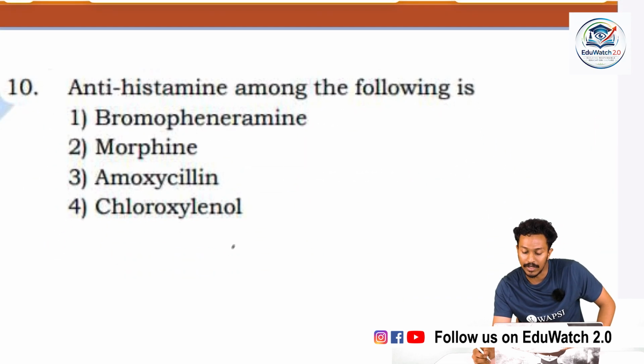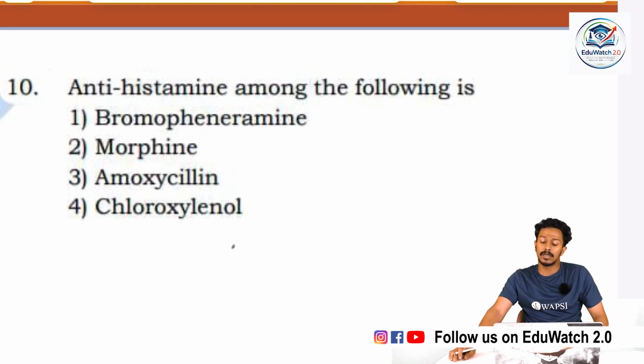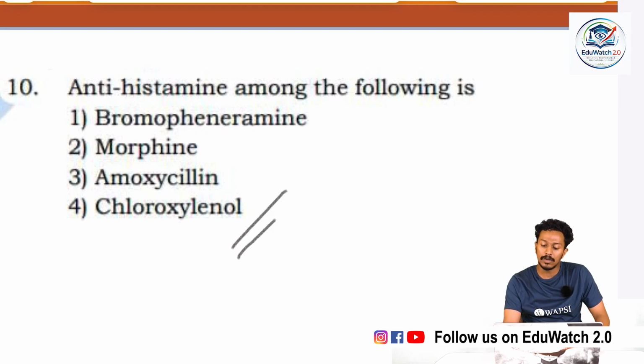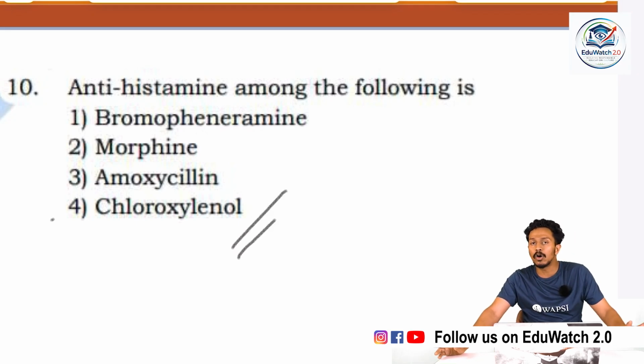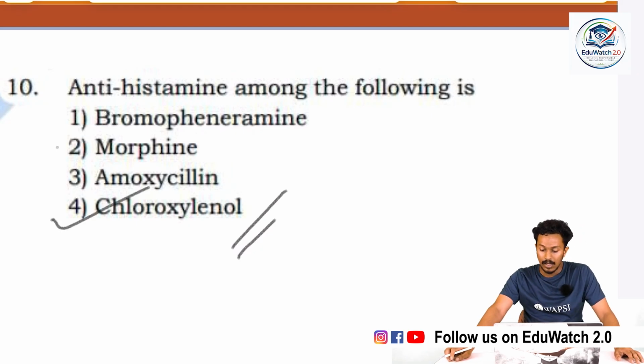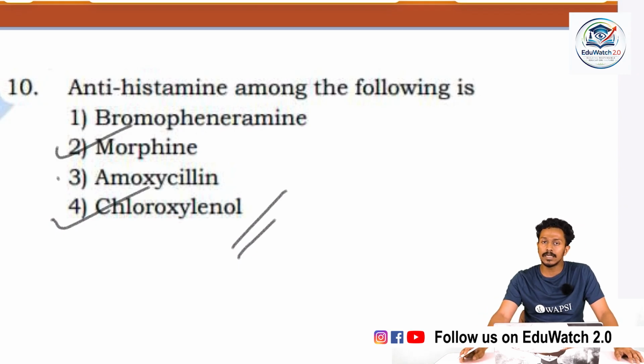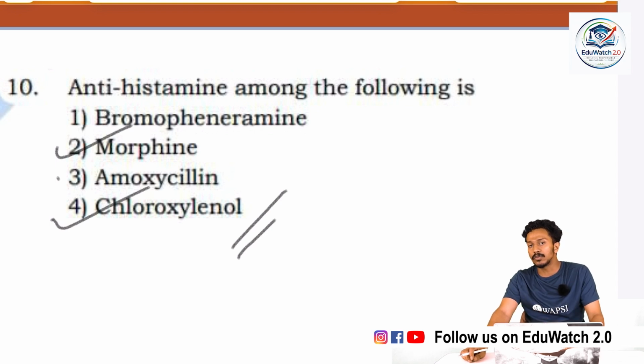Antihistamine among the following is bromopheniramine, morphine, amoxicillin, chloroxylenol. What do you think is the most antihistaminic drug in these 4 options? We could cancel out chloroxylenol, which is an antiseptic, commonly called Dettol. So we could rule out option 4. We could also rule out option 2, morphine, which is a narcotic drug used for patients in the last stage of cancer and all.